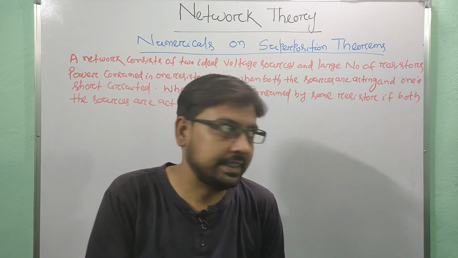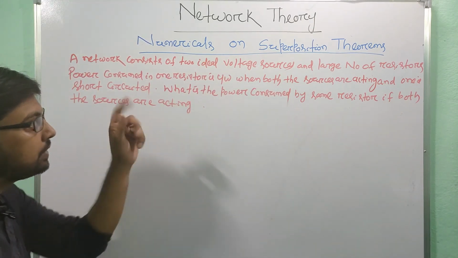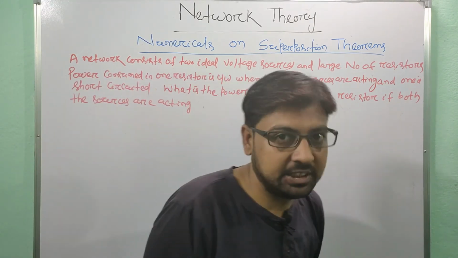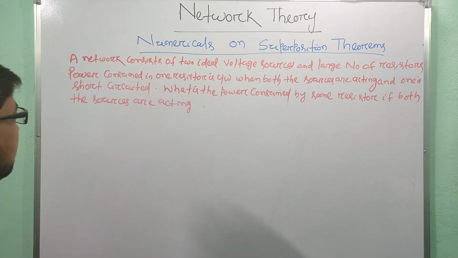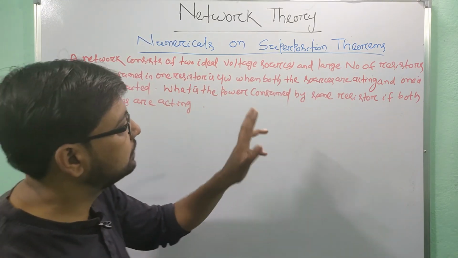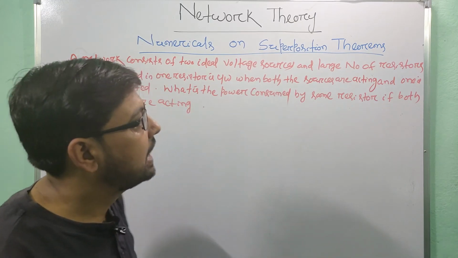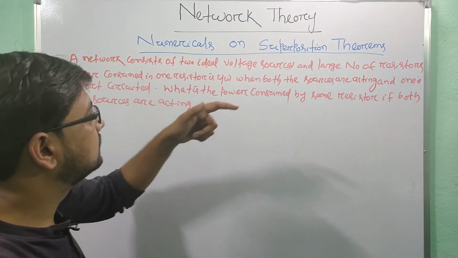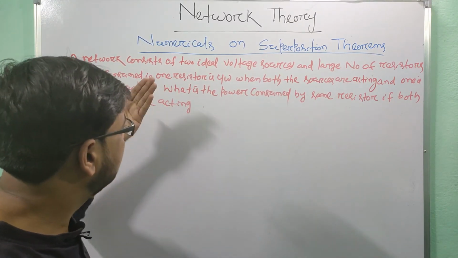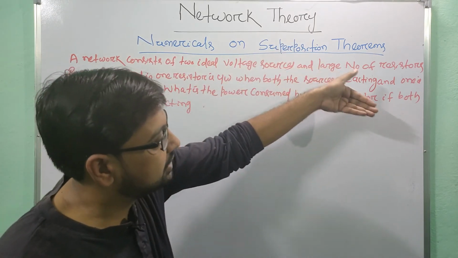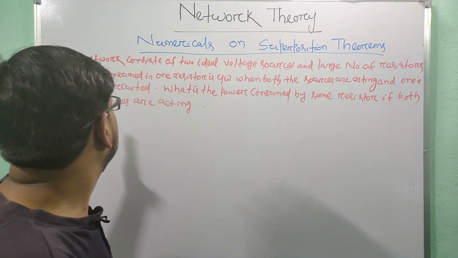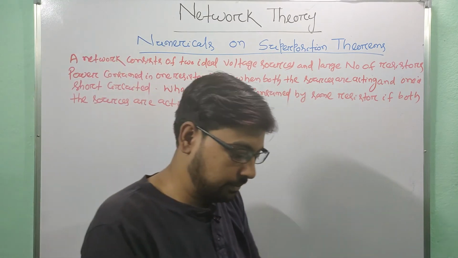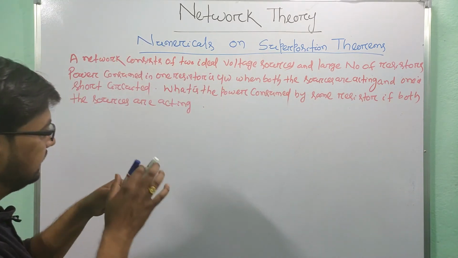Okay, next question is, a network consists of two ideal voltage sources and a large number of resistors. Power consumed in one resistor is 4 watt when one source is short circuited. Then what is the power consumed by the same resistor if both the sources are acting? So for that I will just draw the figure.